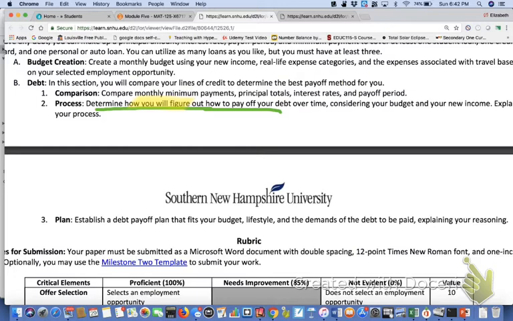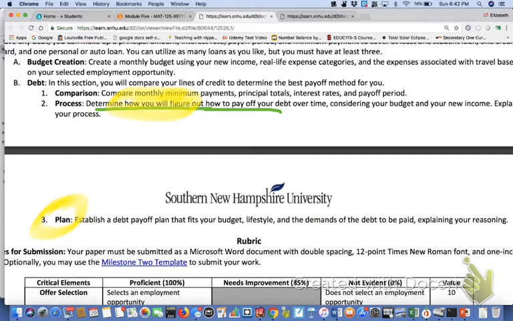So that's not telling you over the course of 10 months, I am going to put this much money away to go towards this debt. That's not your actual plan. Your plan is where you say, this is how much I'm going to put towards this. This is how long it's going to take. This is how many payments I'm going to make. That's your plan. The process for how you are going to come up with that plan is what they mean by process. I'll give you a little bit of a clue.